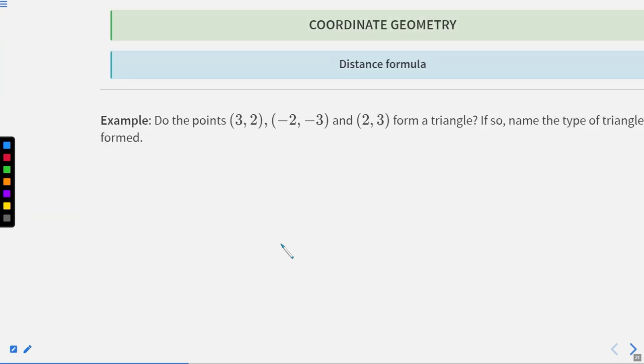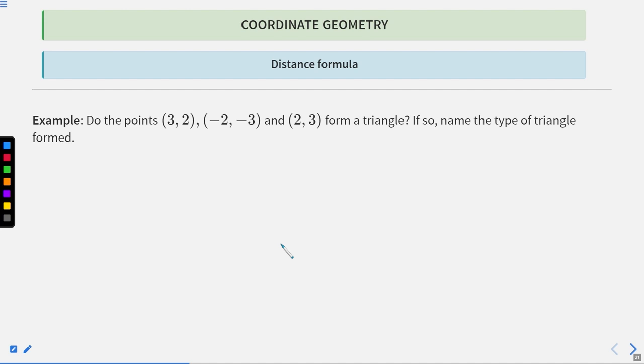Okay, so here we now discuss an example that will clear your concept. Okay, so in this example, it says to us, do the points 3, 2, minus 2, minus 3 and 2, 3 form a triangle?